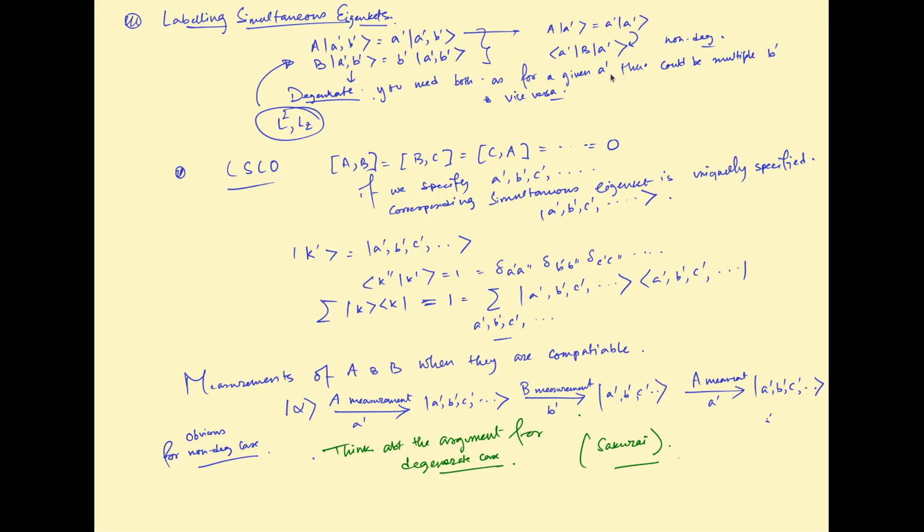So, you need both A prime and B prime to specify the state completely. So, in a generic case, it makes sense to label the eigenket of a set of compatible operators in terms of both of their eigenvalues.